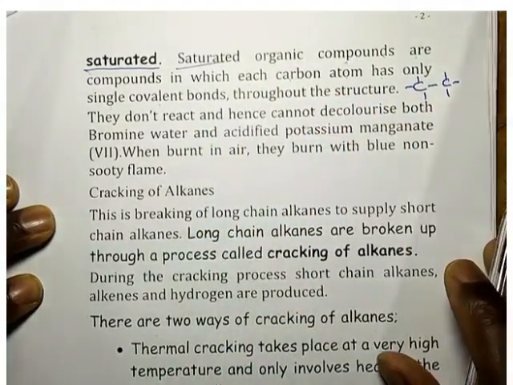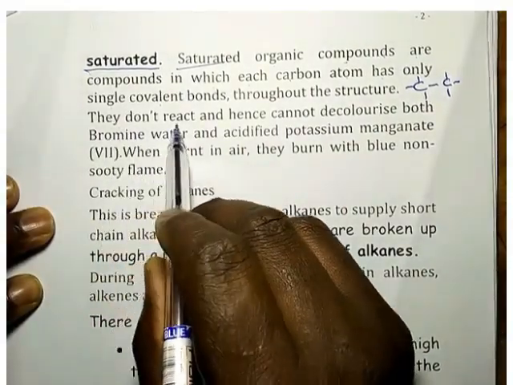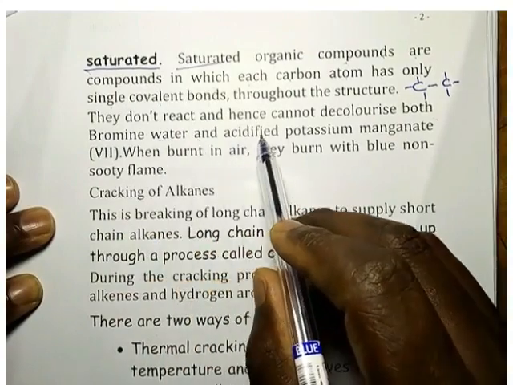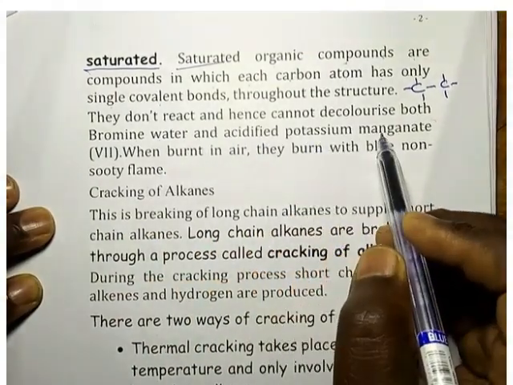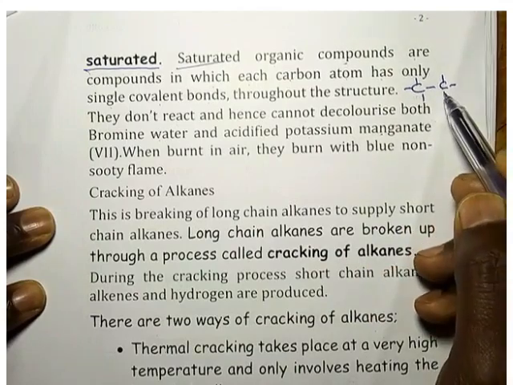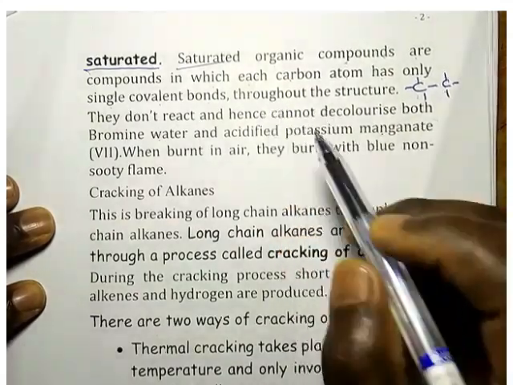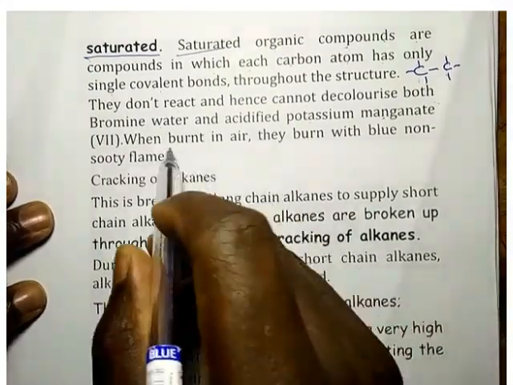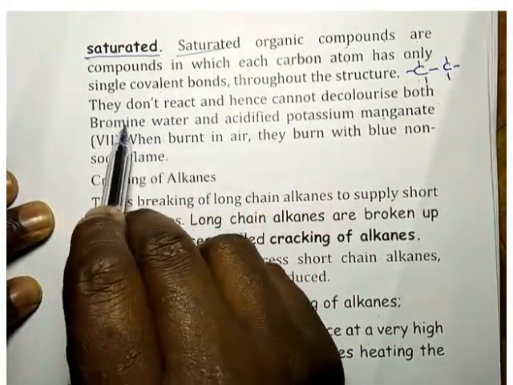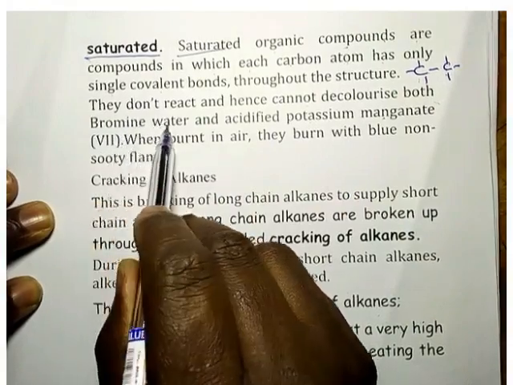Because they are saturated, they don't react and hence cannot decolorize bromine water or acidified potassium permanganate. So if you have an alkane, it will not change the color of bromine water from yellow to colorless.